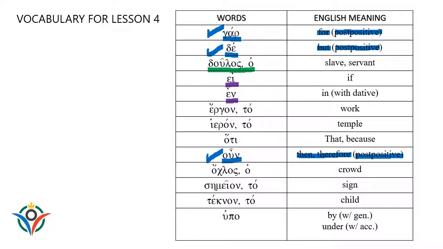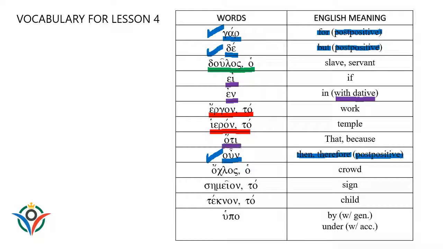It means in, and it takes its object in the dative case. Then we have another noun. This now is a neuter declension noun. So we have ergon, and that means work. Next we have hieron, which means temple.